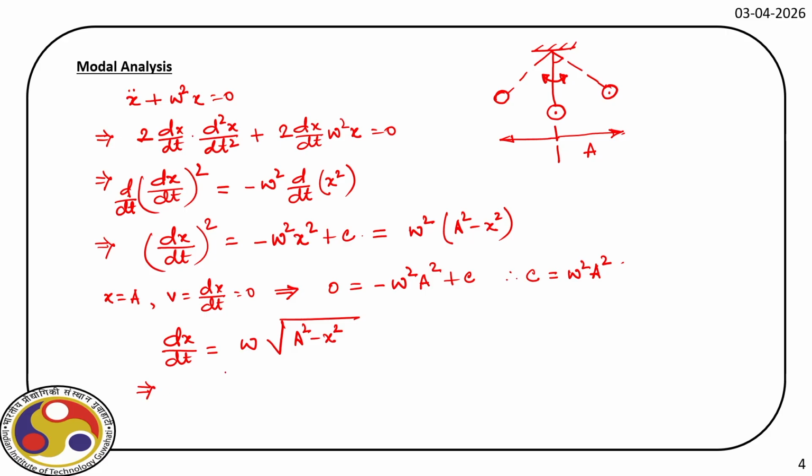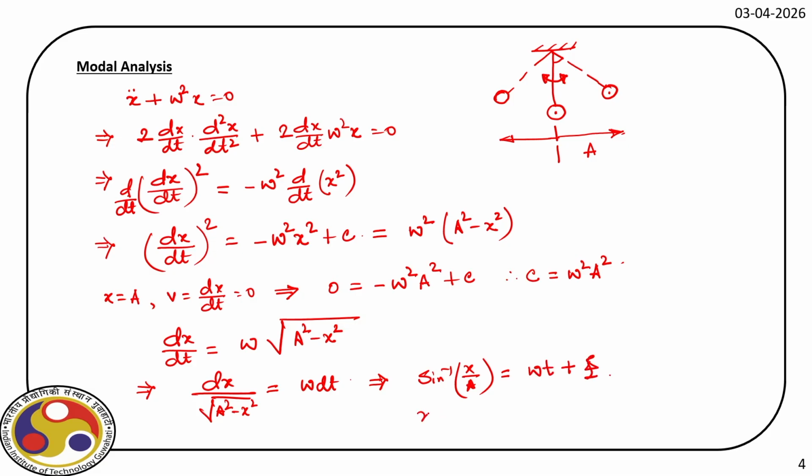So if we rewrite this expression as dx divided by square root of a square minus x square is equal to omega dt, then if we integrate, we have sine inverse of x by a is equal to omega t plus phi, some constant of integration.